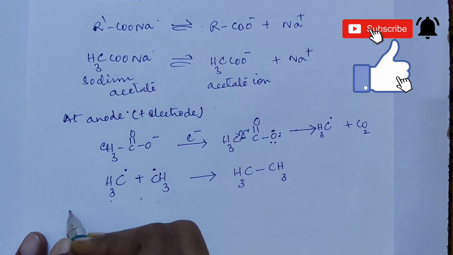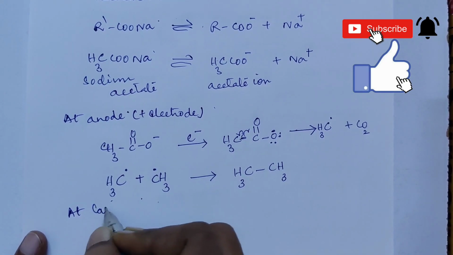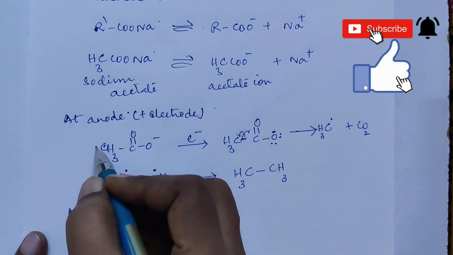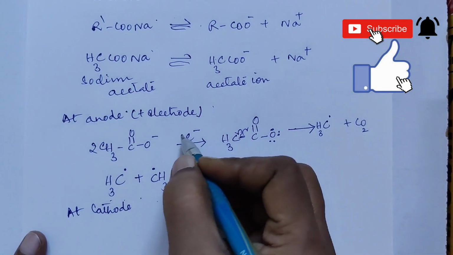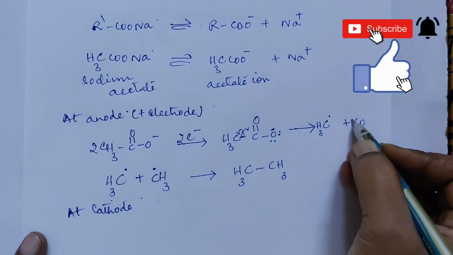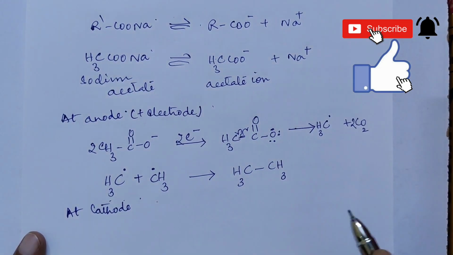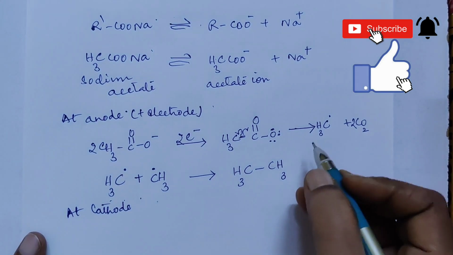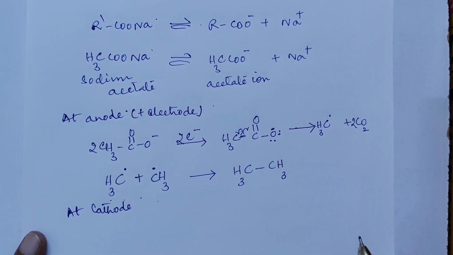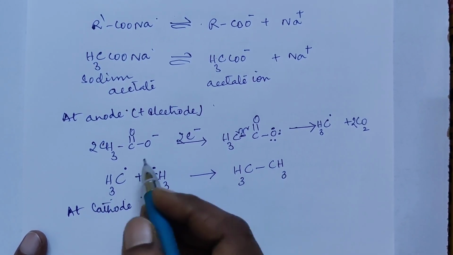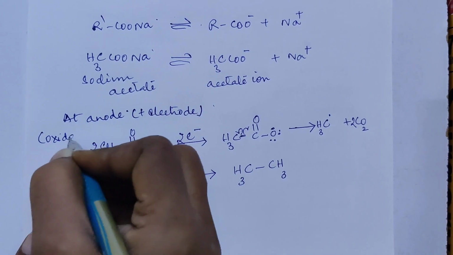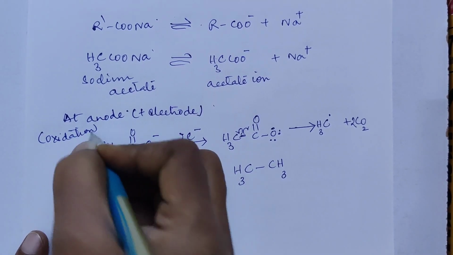What happens at the electrodes? Here we are taking 2 moles and 2 electrons are lost, and we get 2 moles of carbon dioxide, and 2 methyl free radicals will combine to get ethane. So here loss of electrons at the anode is nothing but oxidation.